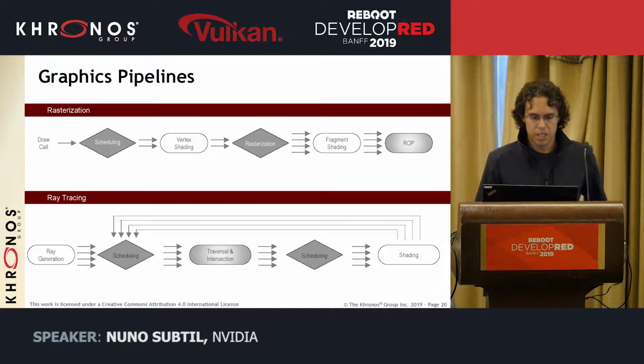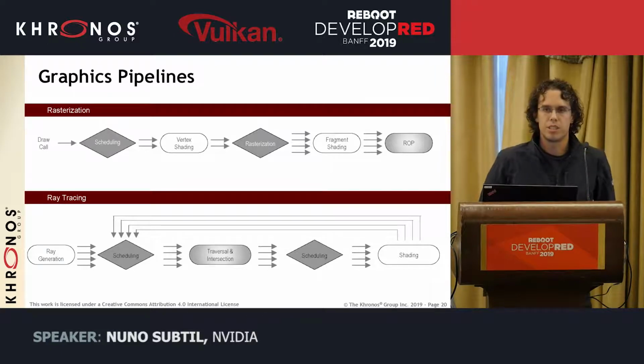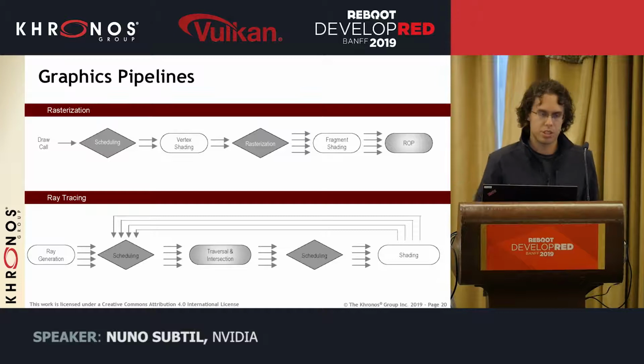and that's how you get your image, right? For ray tracing, the pipeline looks significantly different. So we start with a programmable stage that does ray generation. This is essentially a shader that generates the rays that are going to be the initial rays that are shot into the scene.